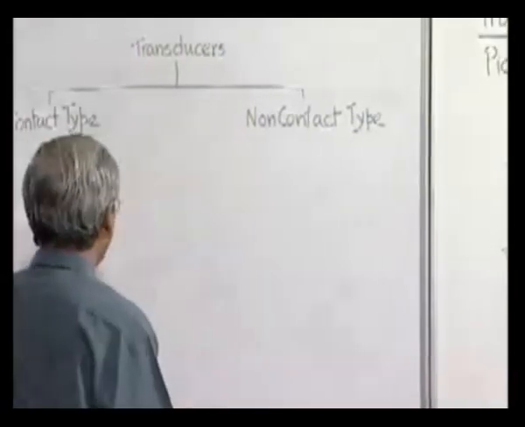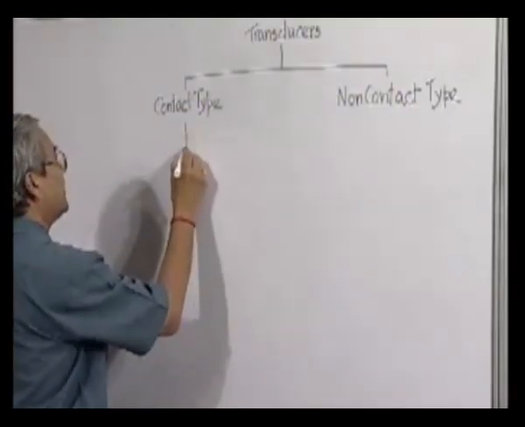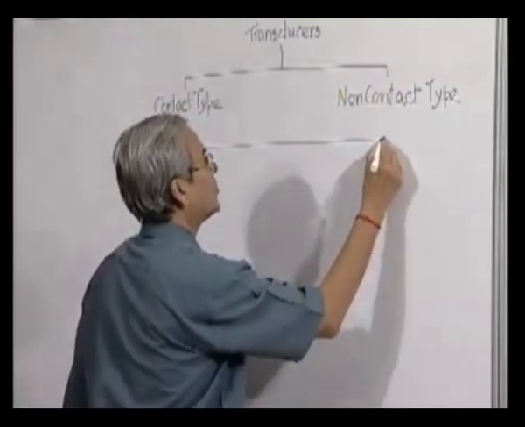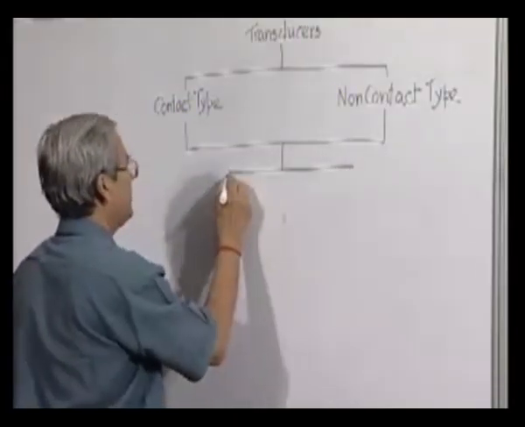Both these contacting type and non-contacting type can be further classified into two groups, which are passive or active.